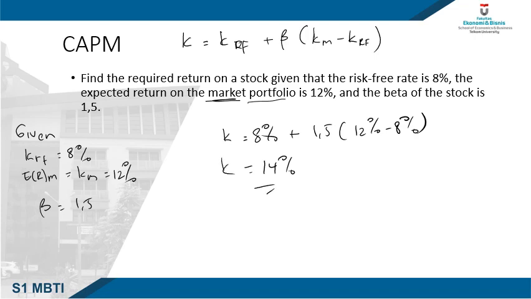It's a piece of cake, because for you it is given. But if you are in the investment class, you have to calculate it one by one, calculate this first, and then this, and then you will find this.